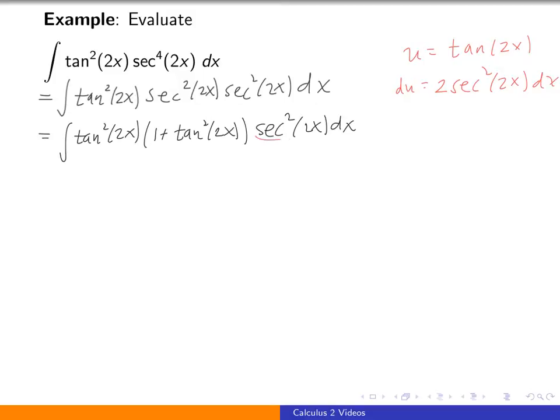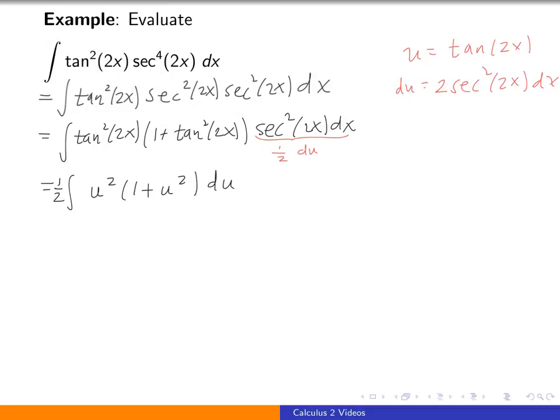So this secant squared that we've saved becomes 1/2 du. So putting this solely in terms of u, as we saw in this previous case with powers of cosine and sine, we'll have a 1/2 that pulls out front. Then it will become u squared times 1 plus u squared du.